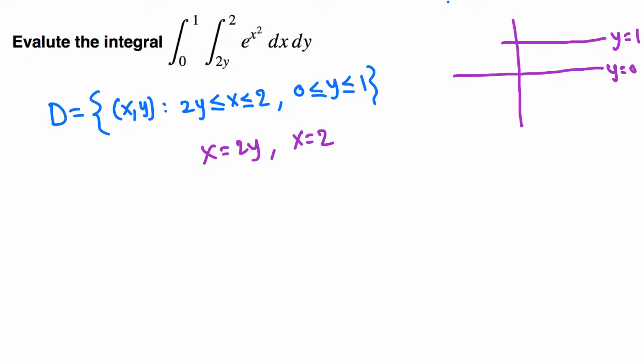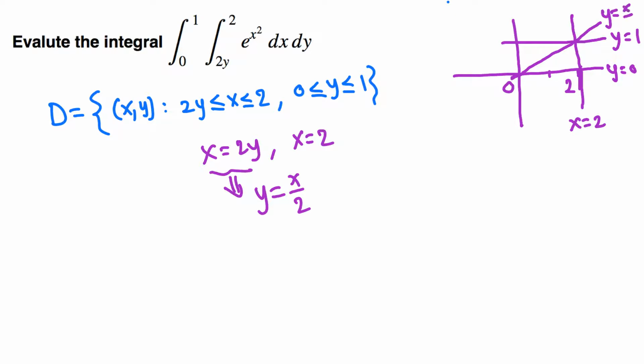So x equals 2 is just here. But x equals 2y is the same as y equals x over 2, then we can graph easily. If we take 0, we get 0, so it passes through the origin, and if we take x equals 2, y will be 1, so here. So this is the line x equals 2y, or y equals x over 2.